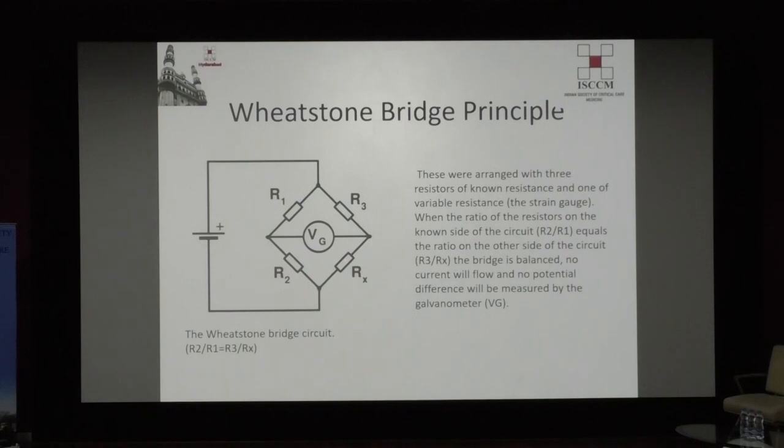As the strain gauge is stretched, we see its resistance increasing. That represents the Rx. Now R2 by R1 should equal R3 by Rx, and the bridge should be balanced, with no current flowing through the galvanometer. As we balance it out, we can calculate the resistance, and an algorithm can be worked out so it can be represented on the monitor in the form of a pressure wave.